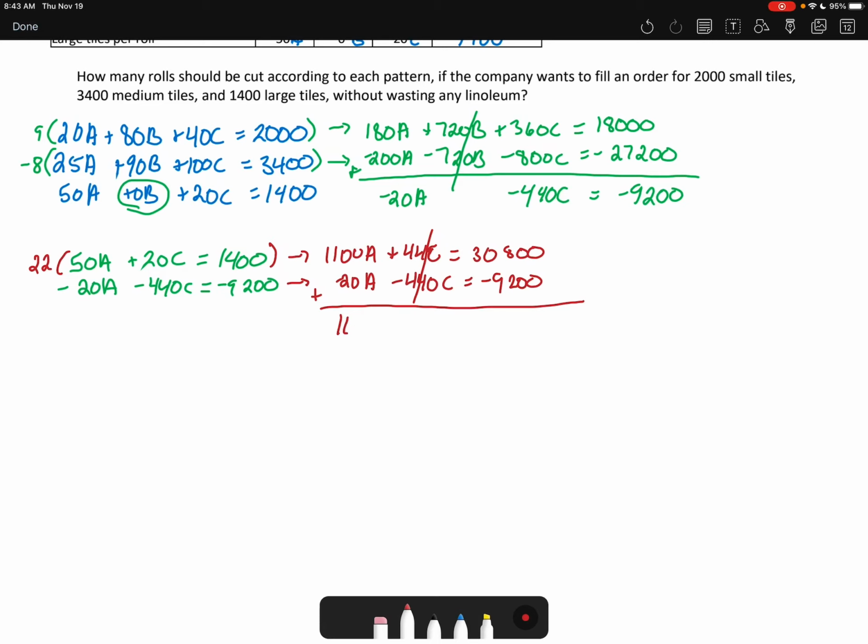That will give me 1080A equals 21,600. Divide by 1080 on both sides. And although these numbers are very large, that actually comes out beautifully as A equals 20.